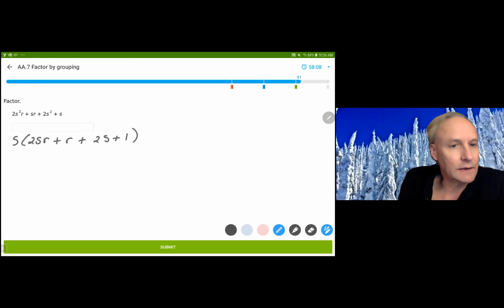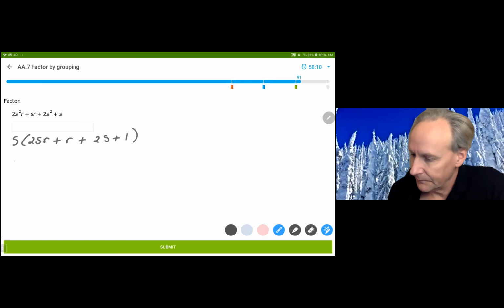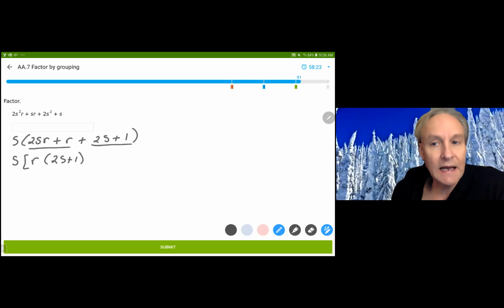It's kind of funky looking, isn't it? Well, out of this first pair, I can take out an R, and I'm left with 2S plus 1. And there's nothing I can take out of the second pair, so I have to put the 1 times 2S plus 1.